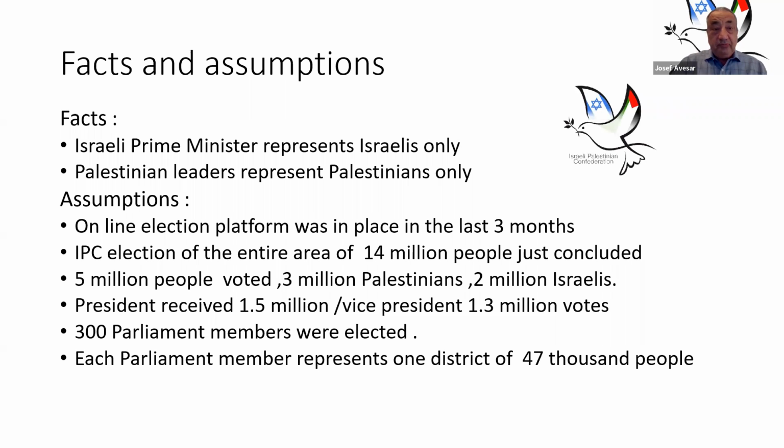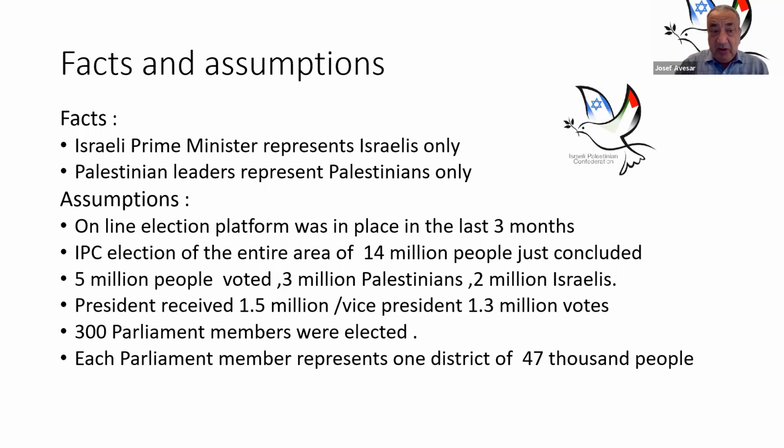In order for this simulation to work, we have to make certain assumptions and accept certain facts. The first fact is that the Israeli Prime Minister represents the Israelis only. The second fact is that the Palestinian leaders represent the Palestinians only.